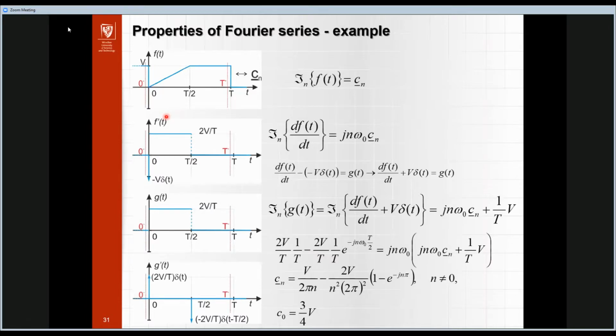So when we use the properties connected with differentiation and with the delta from such a signal, we can calculate the Fourier coefficients in this way.